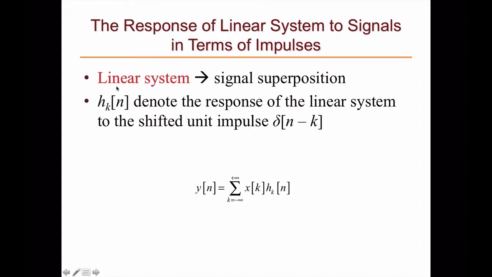So let's denote the response of the system to an individual impulse as h_k[n]. This denotes the response of the linear system to the shifted unit impulse delta[n-k]. So you have this term as the response of an individual stem. Then by combining them together, you get the output.